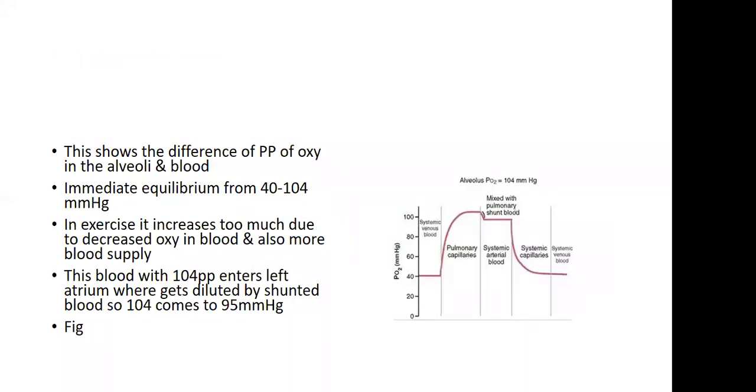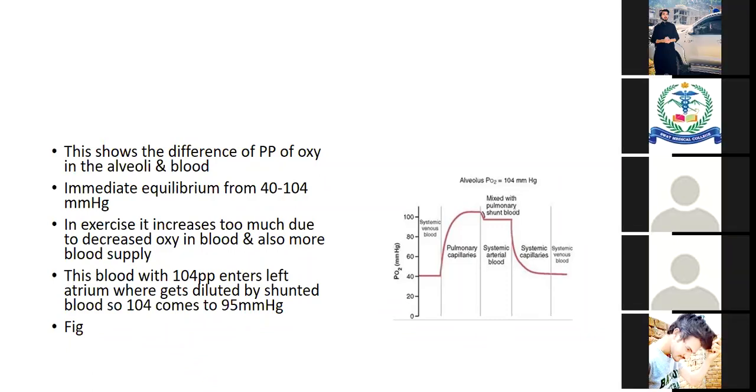This diagram, if you look at it, also tells you the same story. The systemic venous blood, the blood which is coming from the tissues, the first block on the left side, has a partial pressure of oxygen of 40 millimeters of mercury. And this goes to the pulmonary capillaries, where it attains the same partial pressure as the alveolar area, that is 104 millimeters of mercury.